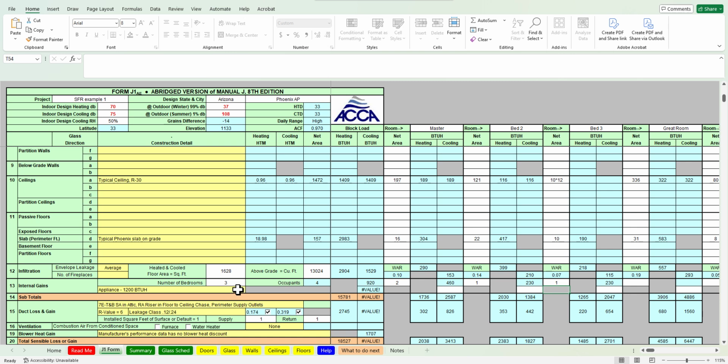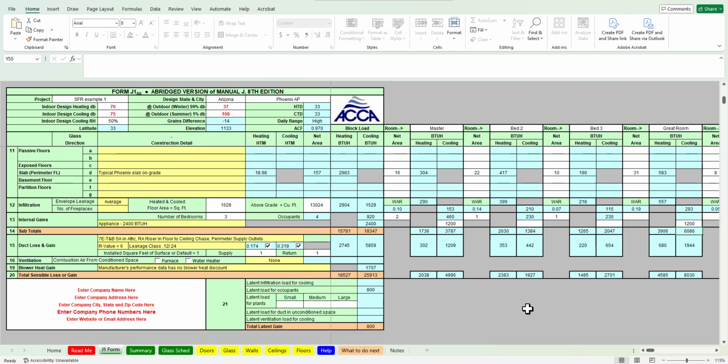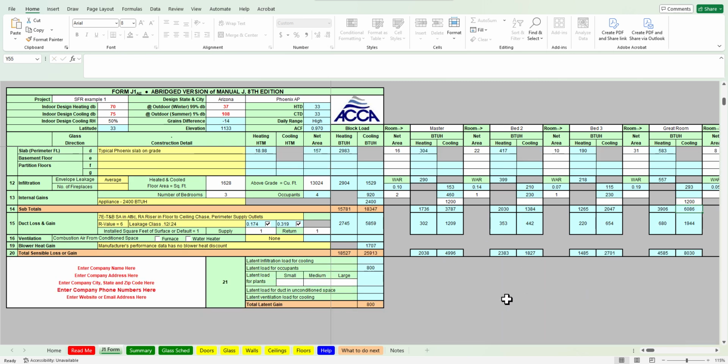Now, appliances. There's going to be like a computer, a TV, etc. Let's say there's a large TV in the master bedroom, and then there's some other thing in the great room. All right. So I will do a follow-up video for some of these other detailed bits here.